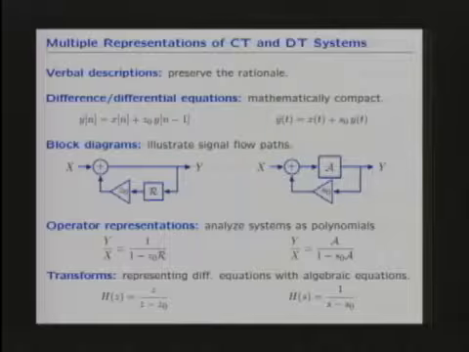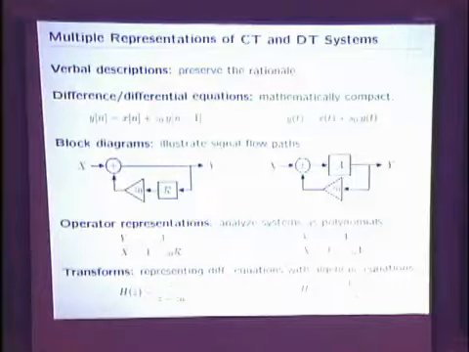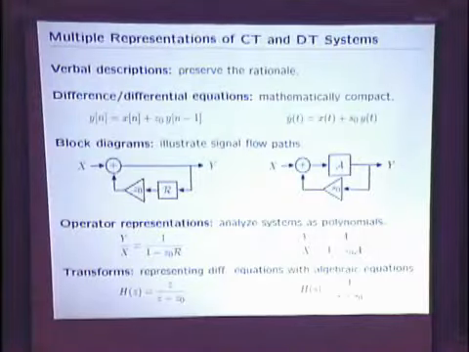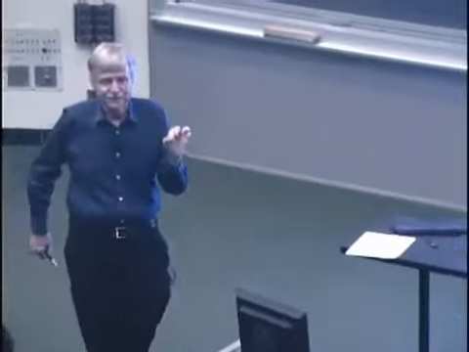So for example, in both CT and DT, we looked at verbal, but not so much. That was mostly in the homework. We looked at difference and differential equations, mostly because they were so compact, so concise, so precise. They told you exactly what the system does, no fluff, this is it.